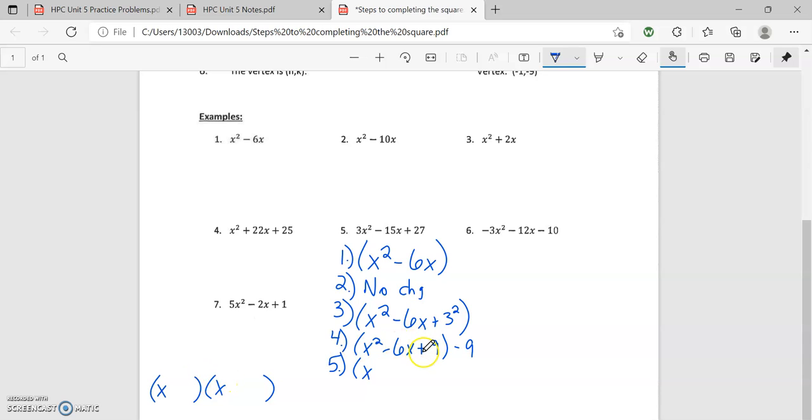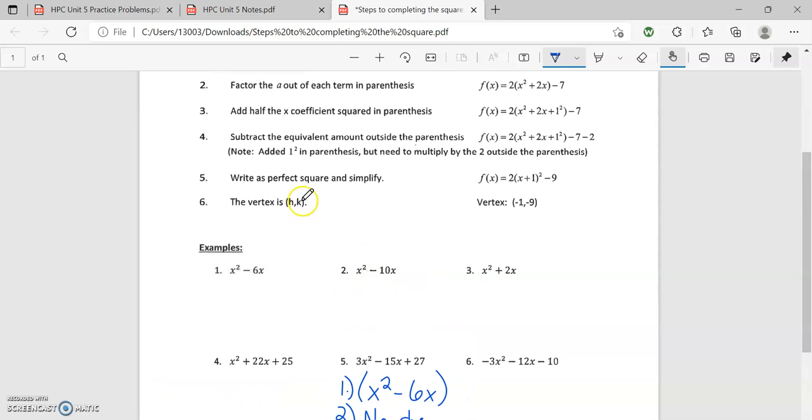What sign is it going to be? It's going to be the same as this sign here. So all that means is I'm writing it as x minus a number and x minus a number. And I'm trying to find what 2 numbers will add together to 6, but multiply together to 9. And the answer is 3. So just factoring this as a general form, you would get x minus 3 times x minus 3.